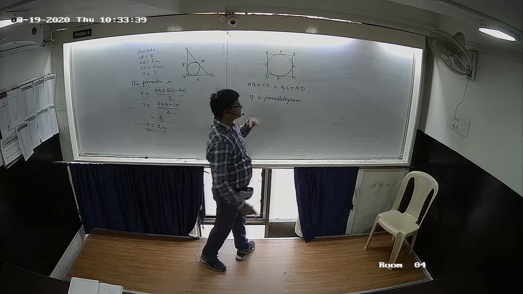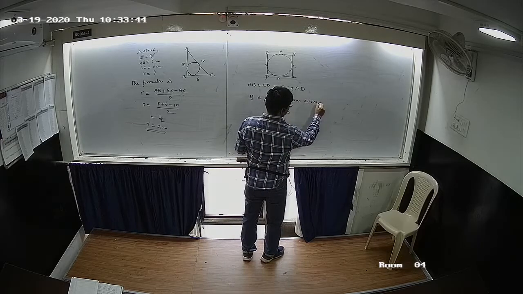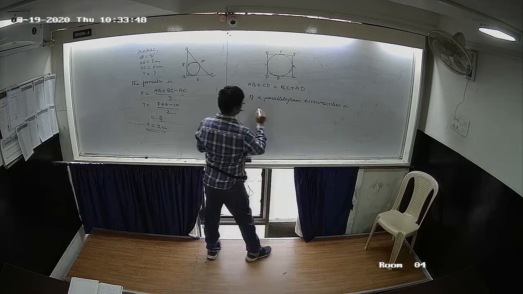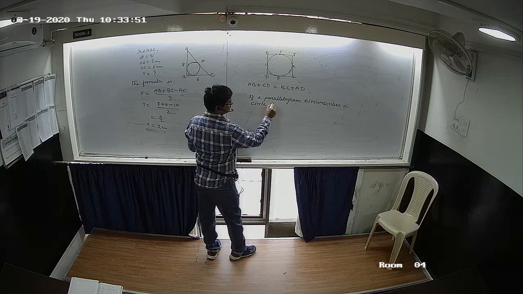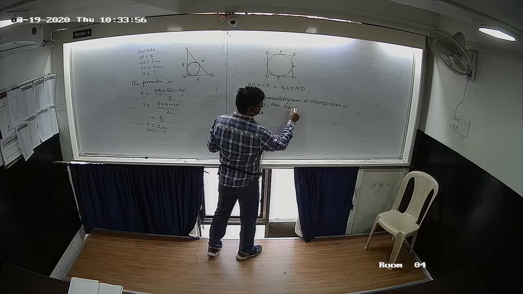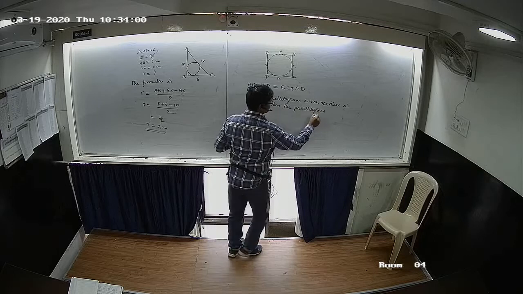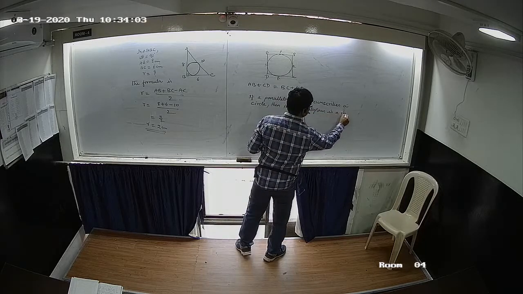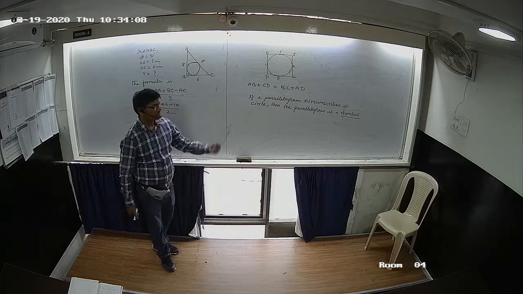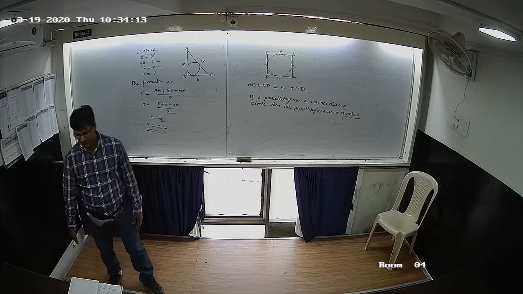If a parallelogram circumscribes a circle, then the parallelogram is a rhombus. The parallelogram circumscribing a circle is nothing but a rhombus.